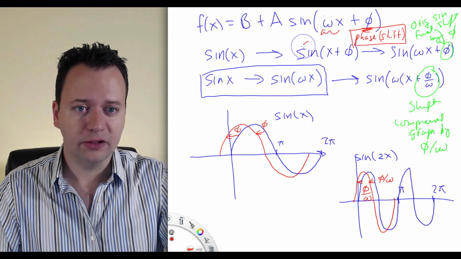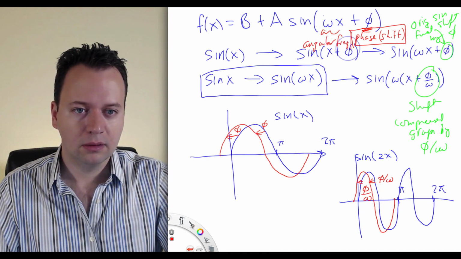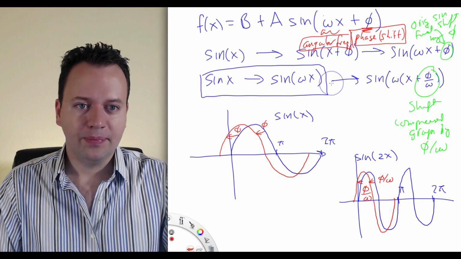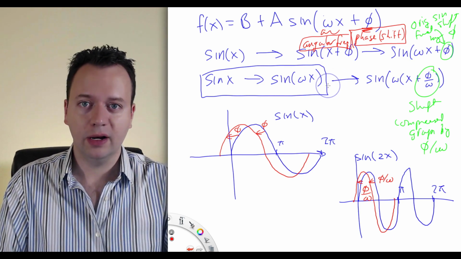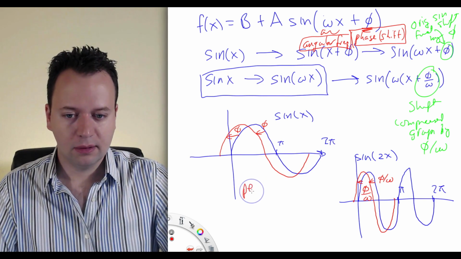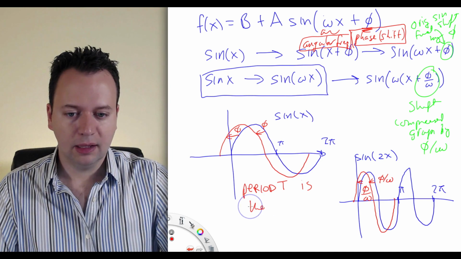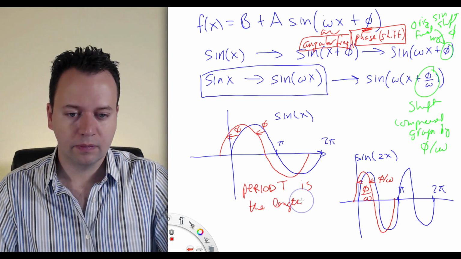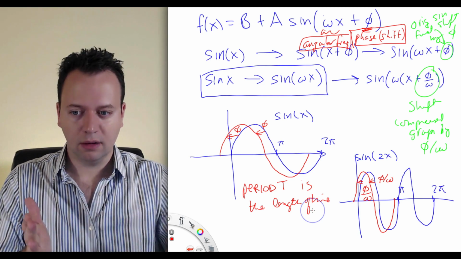Omega, on the other hand, is called the angular frequency. And so the angular frequency basically determines the period. The period, call it capital T, is the length of time, if we think of x as time instead of space. Otherwise, it's just the length of space.